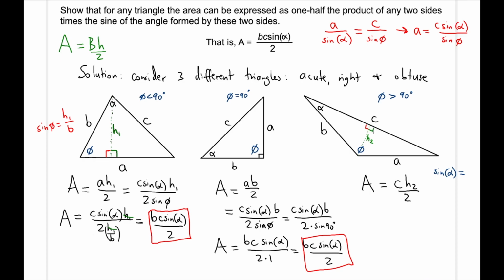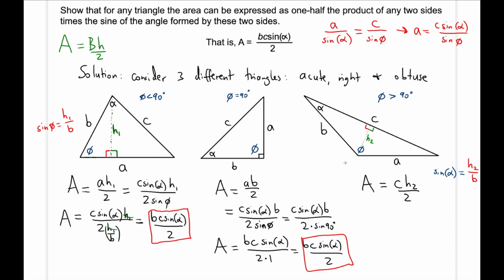When they make a linear pair, if one of them is 90, the other one must be 90 because their sum must be 180. They're supplementary. A linear pair is always a supplementary sum. So this is 90, so this is also a right triangle. So sine of alpha is going to be the opposite side, in this case H2, divided by the hypotenuse. And the hypotenuse is always the longest side, opposite of the 90 degrees. So in this case, B.